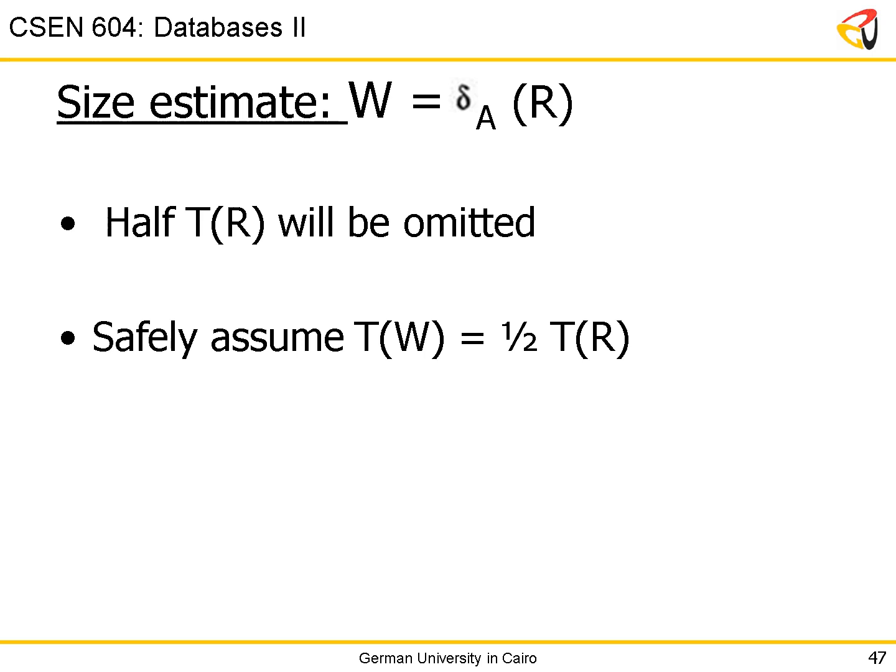So on average, half will be omitted. That's the rationale here. Again, remember, this is an estimate, okay? So on average, half will be the size of my result set, which is between the 0 case and all the number of rows. And this will be our estimate.